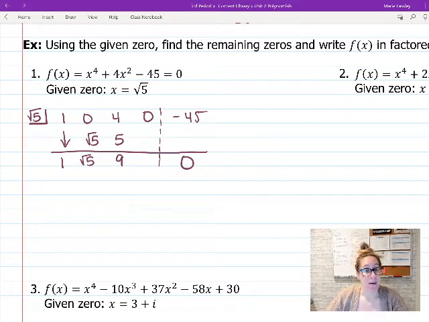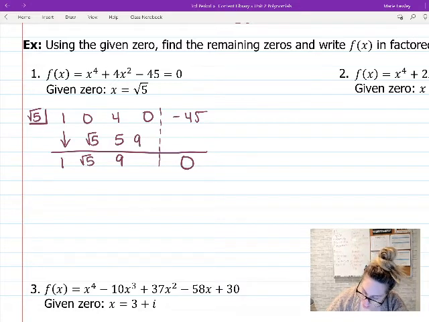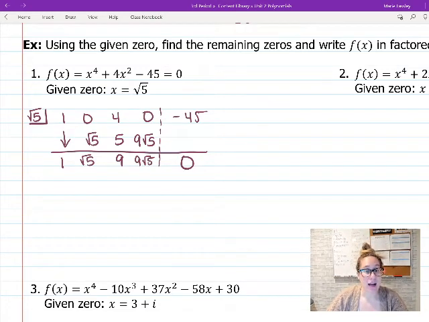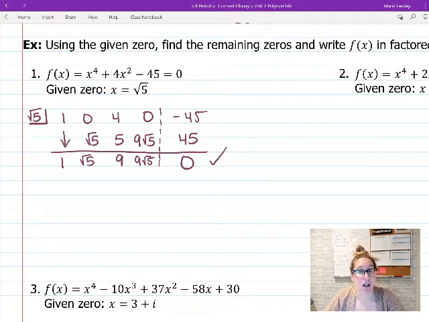All right. Now I multiply. Square root of 5 times 9 is 9 square root of 5. I add down, 9 root 5. Now I multiply. Square root of 5 times 9 square root of 5 becomes 9 times 5, which is positive 45. Add down, I get my remainder of 0, so I've done it correctly.